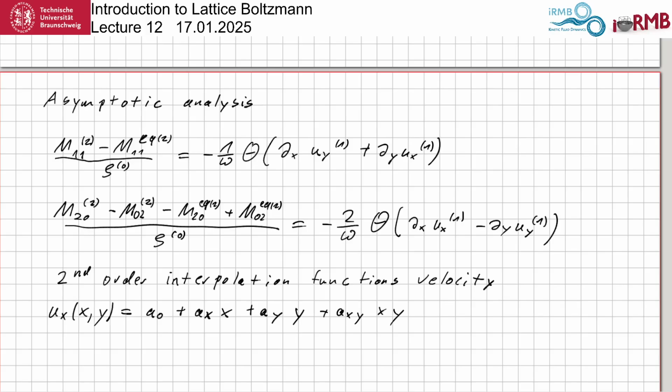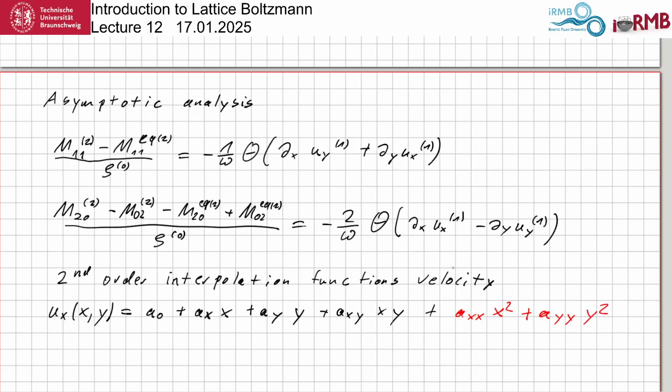But this is not a second order polynomial, even though there is one second order part here. In order to get a second order polynomial, we need an axx x square plus ayy y square.